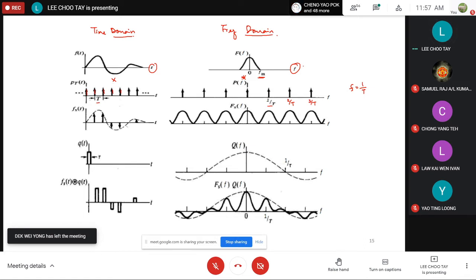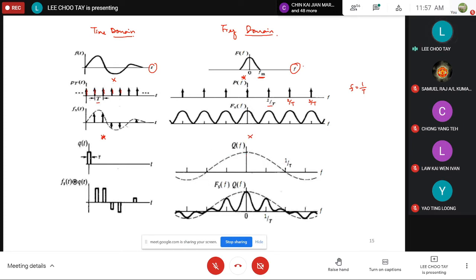And now we are going to convolve with the rectangular pulse in time domain. When we convolve this signal with a rectangular pulse in time domain, in frequency domain we are going to multiply the spectrum.